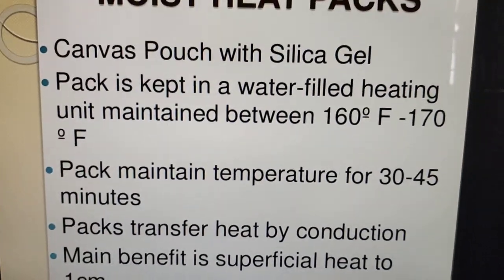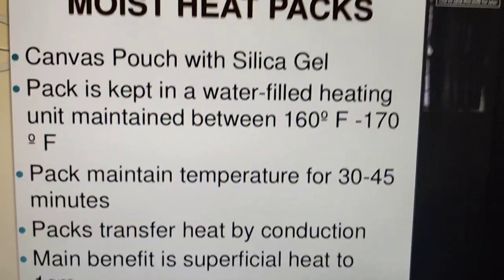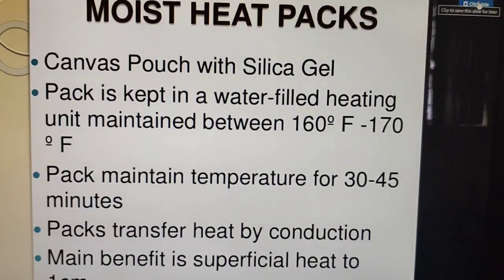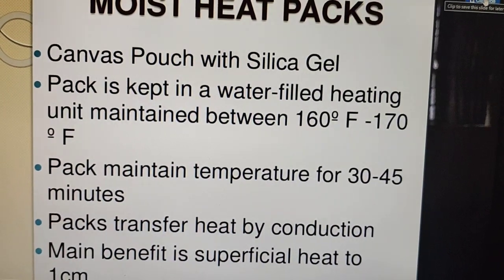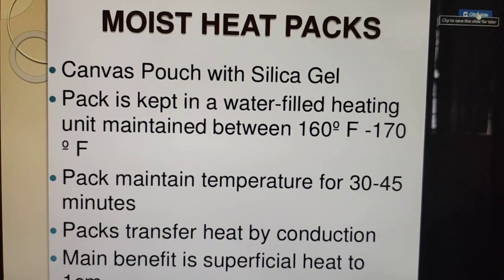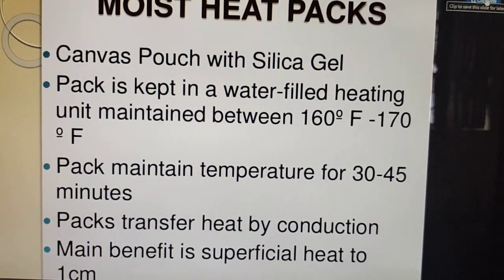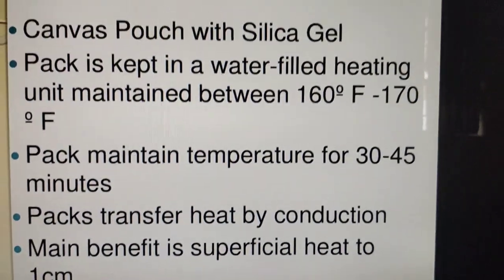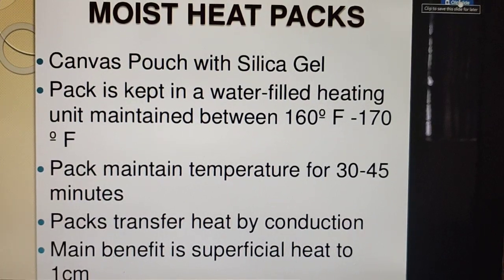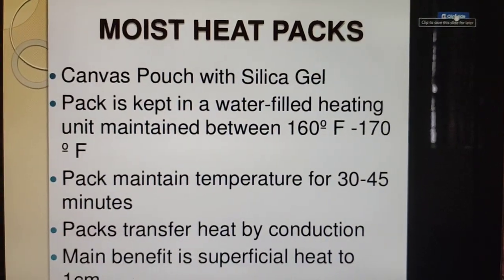The pack is kept in a water-filled heating unit, maintained between 160 degrees Fahrenheit and 170 degrees Fahrenheit. The pack can hold the heat for 30 to 45 minutes. The packs transfer the heat by conduction. In which way is the heat transferred? Through conduction. The benefit is superficial heat to 1 centimeter. We can apply this. This is what we call moist heat packs.